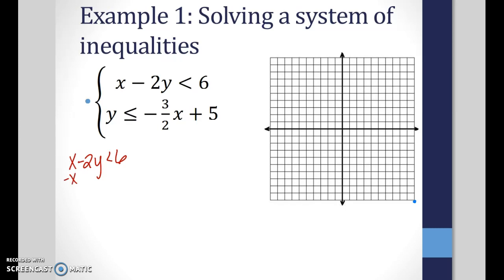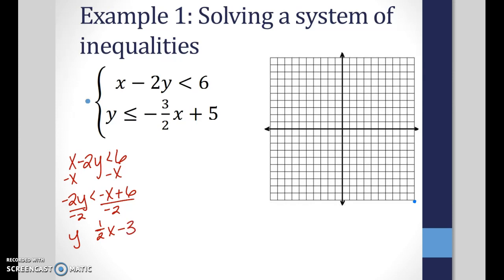I'm going to subtract x from both sides. Negative 2y is less than negative x plus 6. And then from here, we're going to divide by negative 2. So I get y, and negative divided by negative is positive, so this is a positive 1/2 x minus 3.